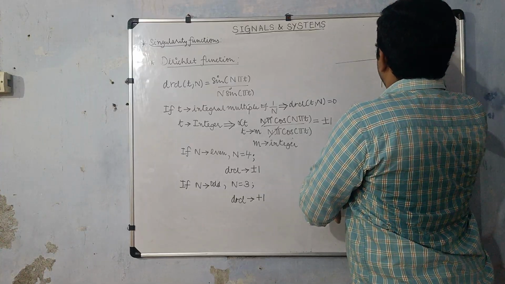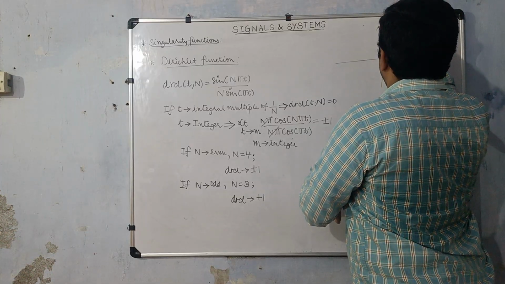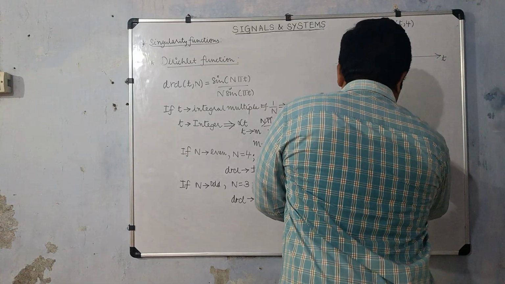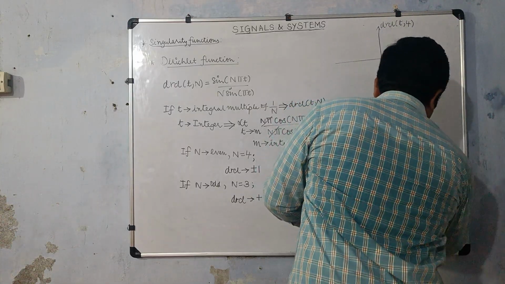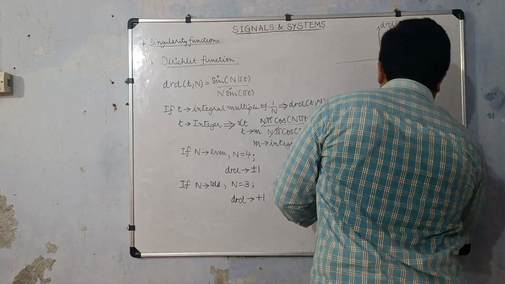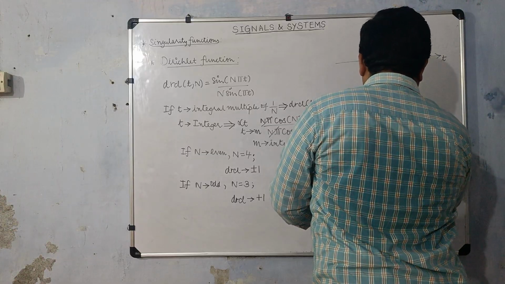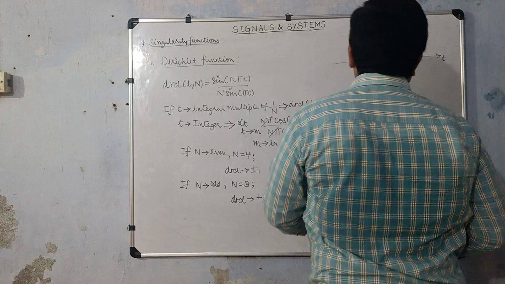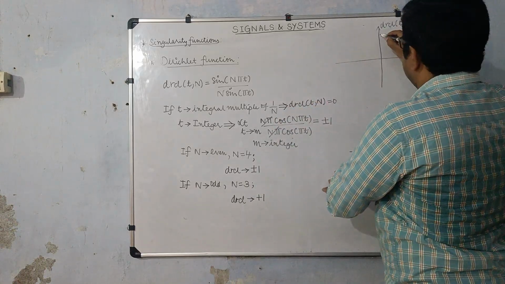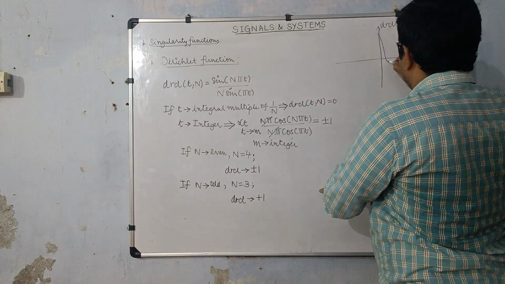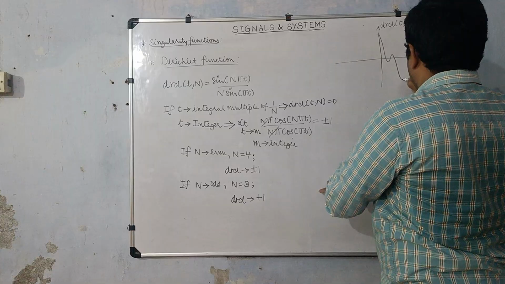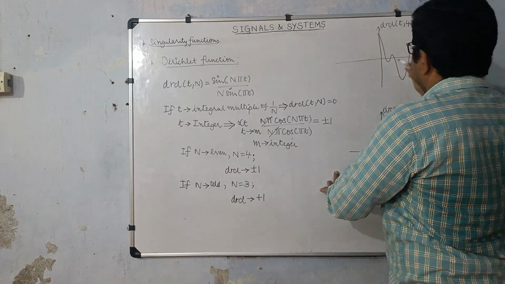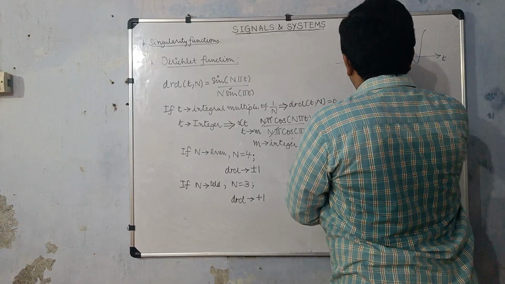For n even, I will draw the Dirichlet function of t comma 4. For n odd, I will draw the Dirichlet function of t comma 5. So the function will be something like this. It is going to take positive as well as negative values.